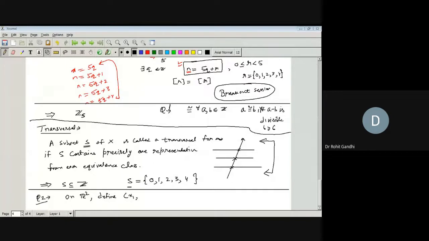Now, I am taking a set R square and two elements are in relation with each other. (x1, y1) is in relation with (x2, y2) if and only if x1 square plus y1 square is equal to x2 square plus y2 square. Right?